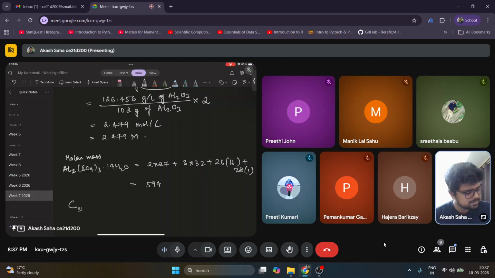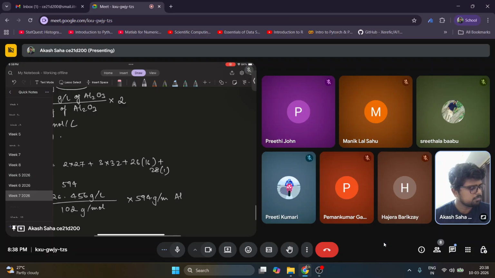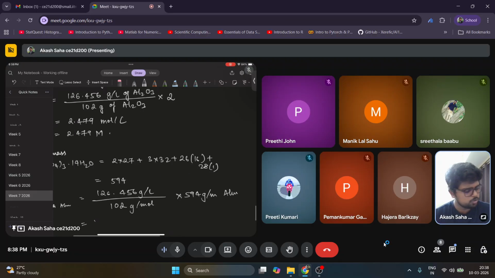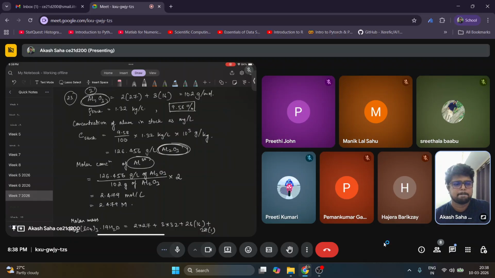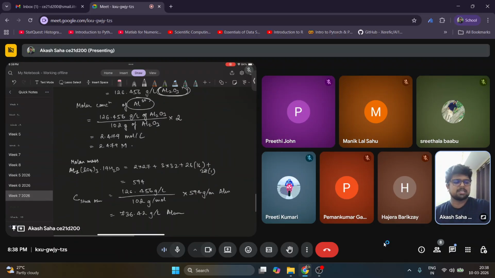Here again, C stock in terms of alum will be 126.456 gram per liter of Al2O3 divided by the molecular weight of Al2O3, into 594 gram per mole of alum. So this will be equal to 736.42 gram per liter of alum. So in various ways we can report the concentrations of alum. That's how we have to do it.